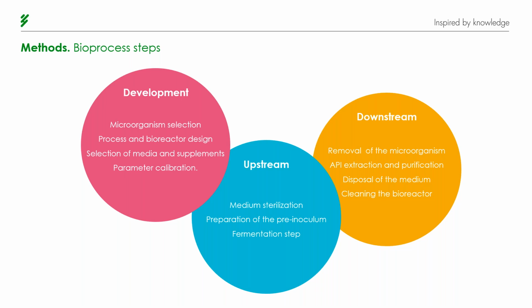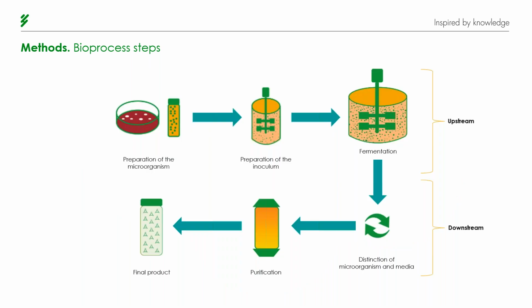Once complete, it will be moved onto the manufacturing of the product, divided into the upstream and the downstream. Here we have a summary of the upstream, the fermentation of the API, and the downstream, the purification of it. In the upstream, we have the sterilization and the strain preparation.